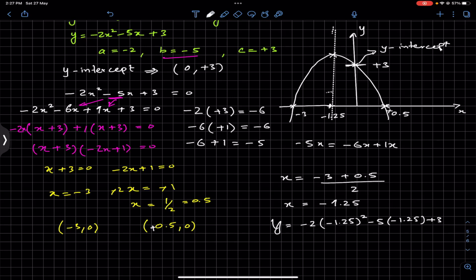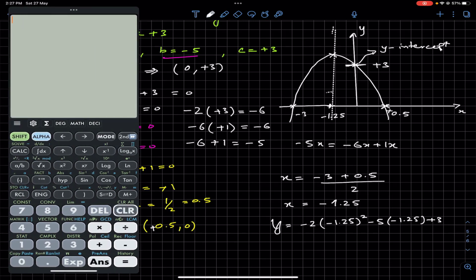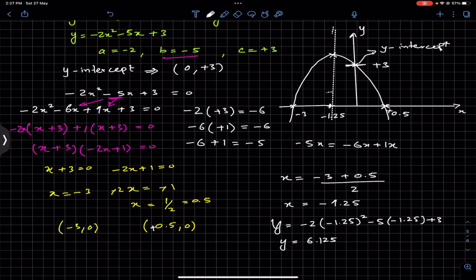So this is minus 2 into minus 1.25 squared, minus 5 into minus 1.25, plus 3. This gives me y equals 6.125.